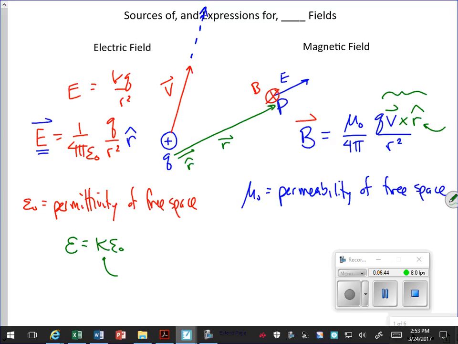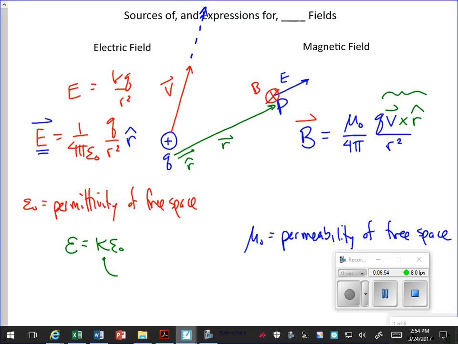So all we're really doing is saying this requires that if there's going to be a magnetic field at that location, there must be this relationship between V and R, where V cross R hat is the magnitude of V times the magnitude of R hat times the sine of the angle between them. The magnitude of R hat is just 1, so the magnitude of this is just V sine theta.